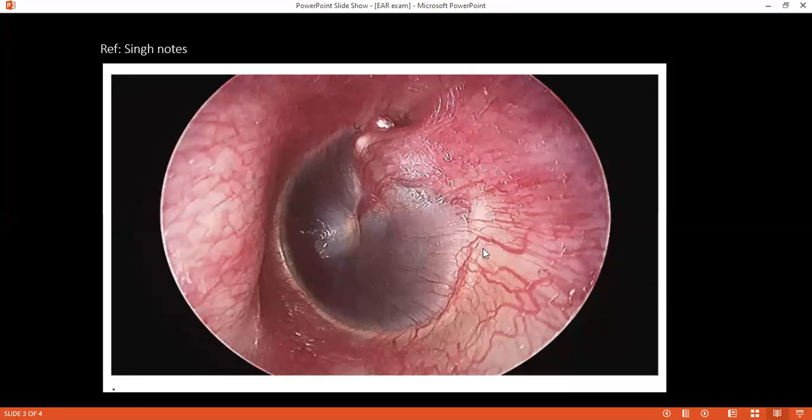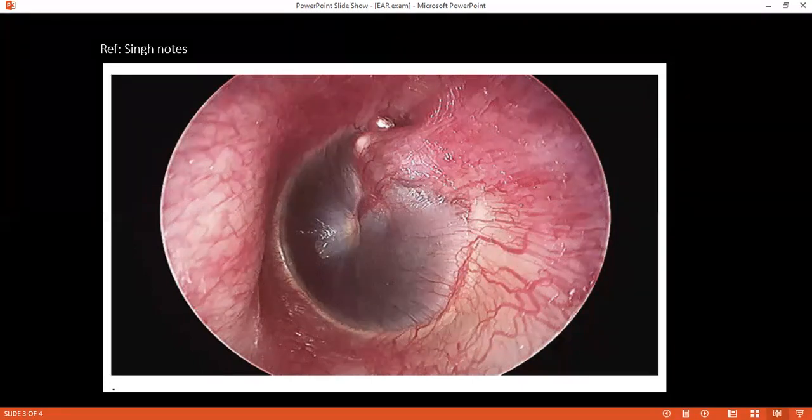Can you tell me what you see here? This is a tympanic membrane showing the handle of the malleus and also the pars flaccida and pars tensa.